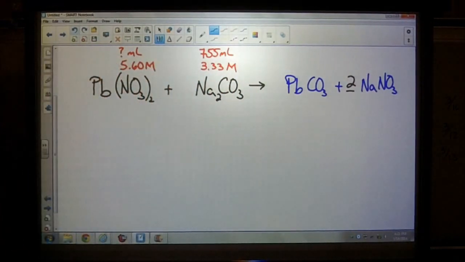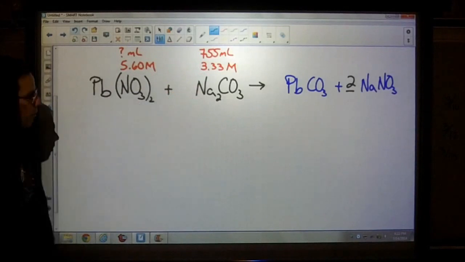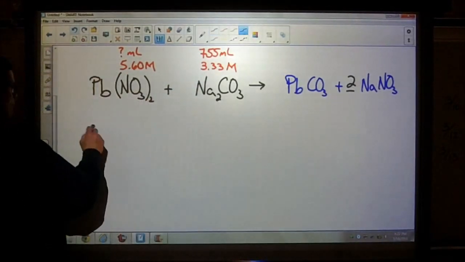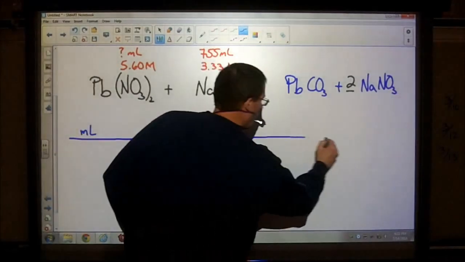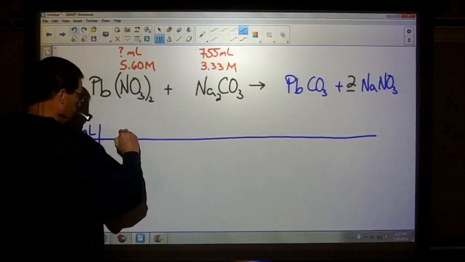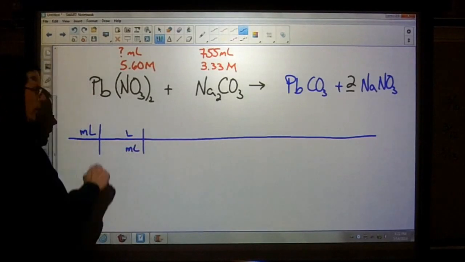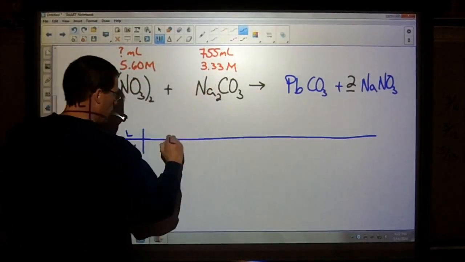Okay. All right, so again, we're going to start with the amount of our sodium carbonate, but I'm not going to write numbers. I'm still going to stick with the units. So we're going to start off with our milliliters. Okay. And we're going to convert the milliliters into liters. And then again, we're going to get rid of our unit liters by using the molarity.